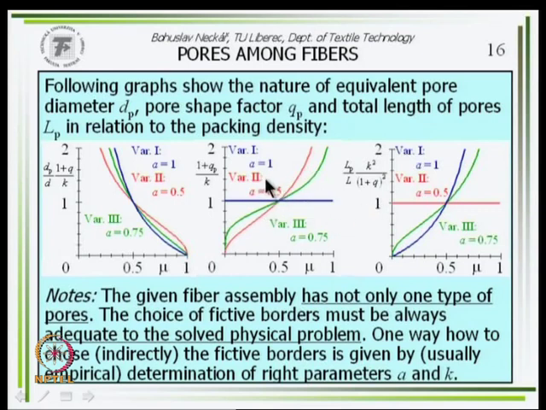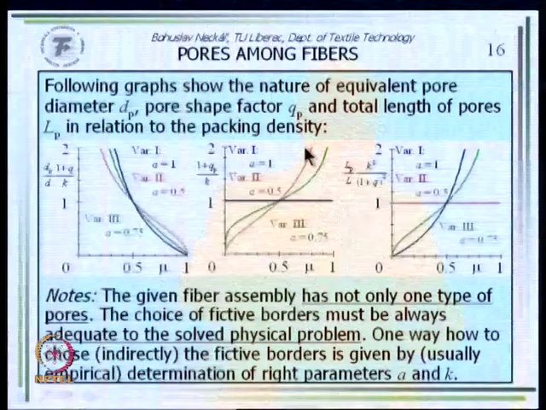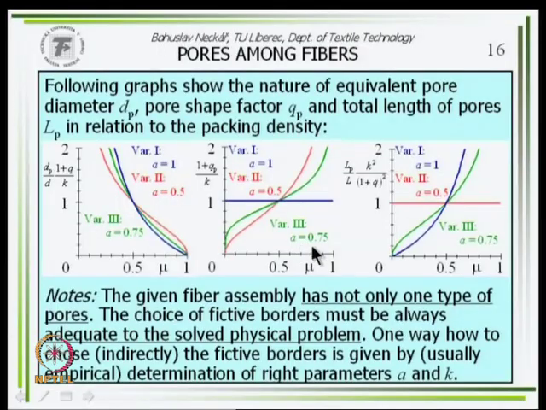Version 2 said the length of pores is constant. In this version, the shape factor is increasing with packing density. The shape of pores in higher compressed material is farther from the idea of a ring, isn't it? More sawtoothed or something, so you can imagine it well. And in version 3, using 0.75 in the place of A, it is also an increasing function with a little other shape.